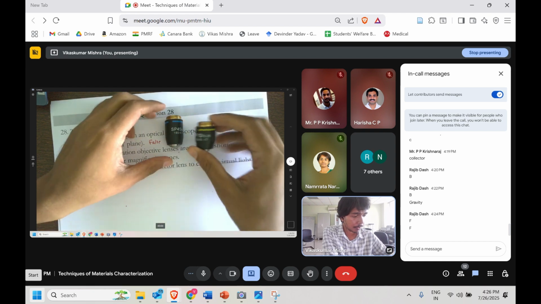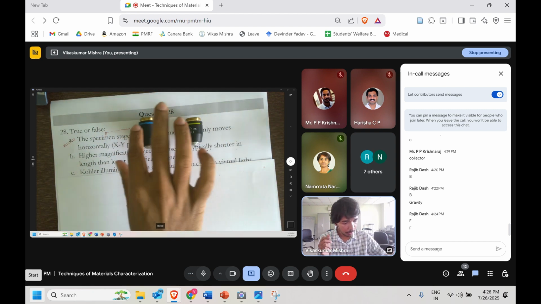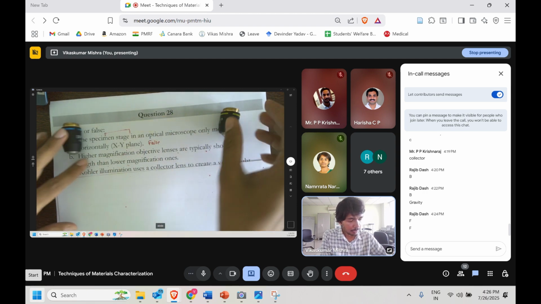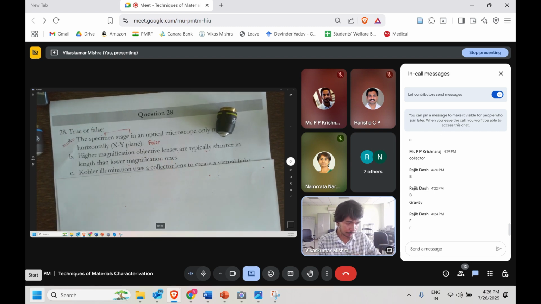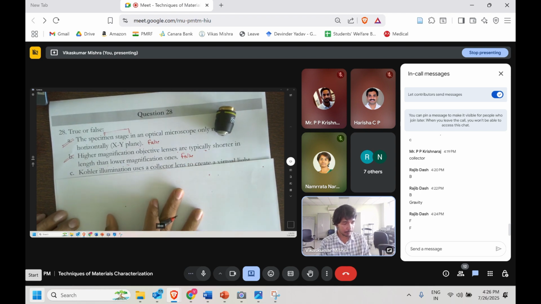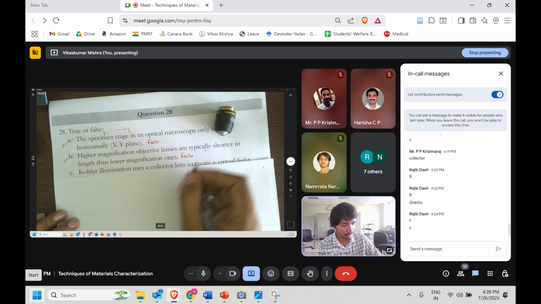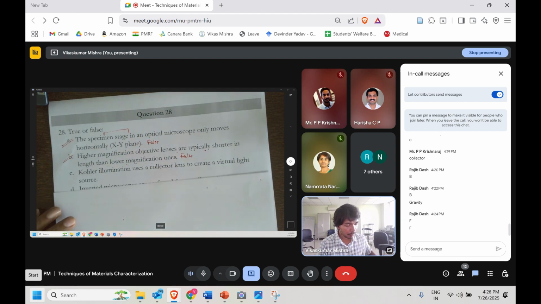Okay, 10 is written. So now we can see the height. The higher magnification objective lenses are typically shorter in length than the lower magnification ones. Yes, it's false. That's right, Rajiv. It's the other way around. Higher magnification lenses are typically longer than the lower magnification ones. So now let's go to the third one.